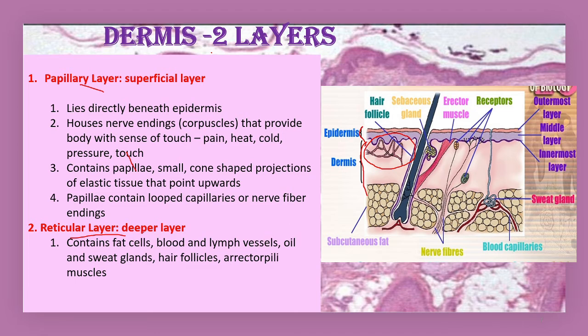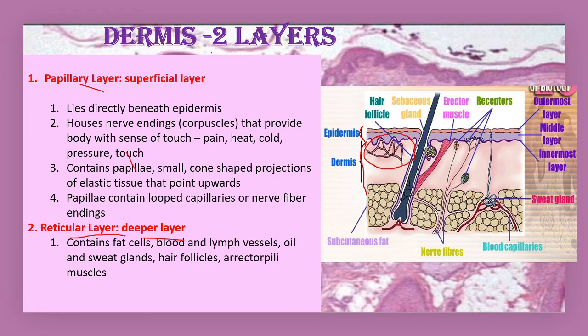Below this is a layer called the reticular layer or the deeper layer. This is made up of dense, irregularly organized tissue. Earlier there was loose connective tissue, and below this there is irregularly organized connective tissue.